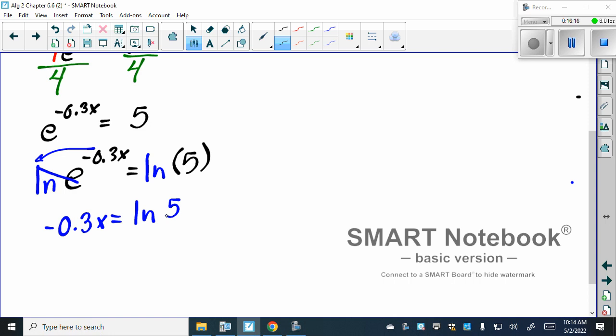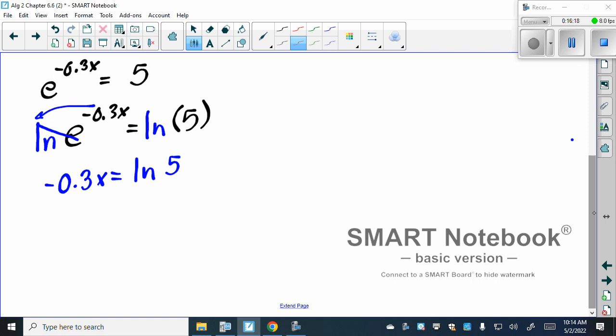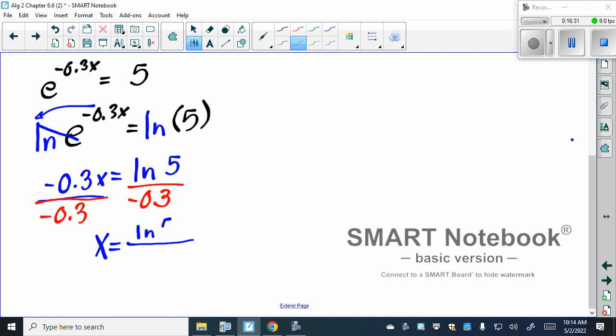Now the next and last thing to get x by itself is going to be to divide both sides by negative 0.3. Tells us x is equal to the natural log of 5 over negative 0.3.